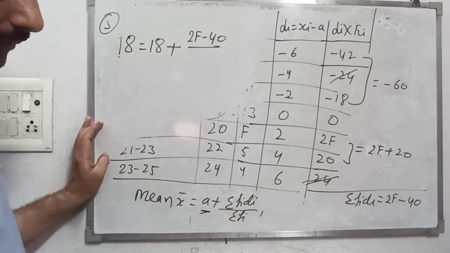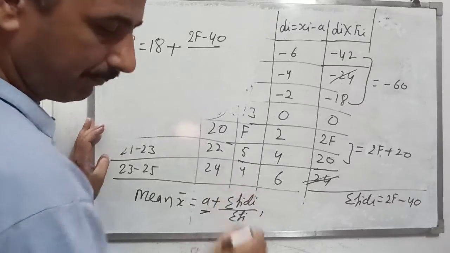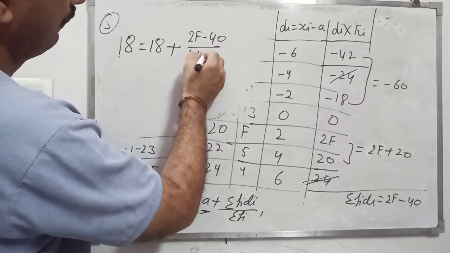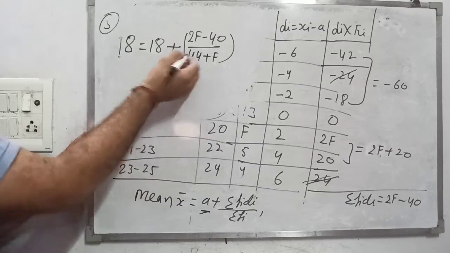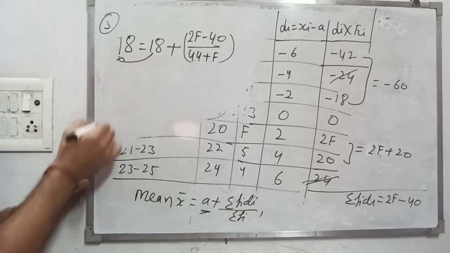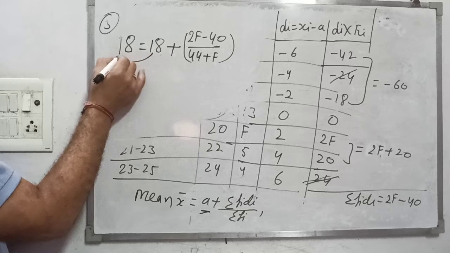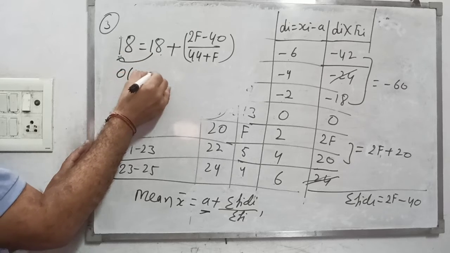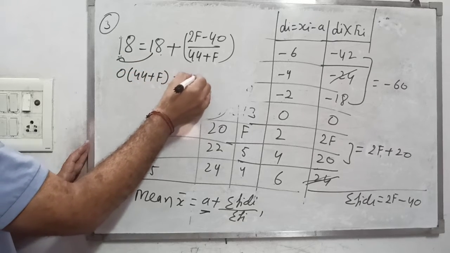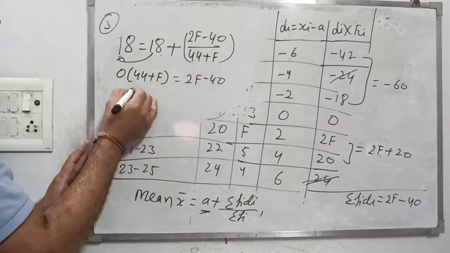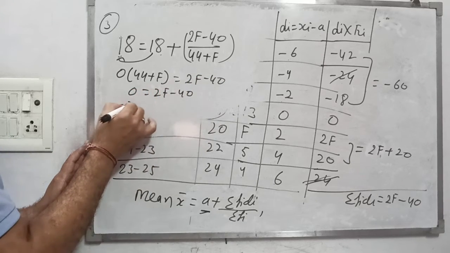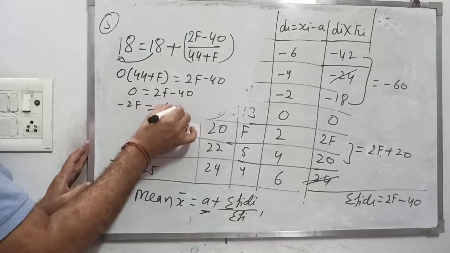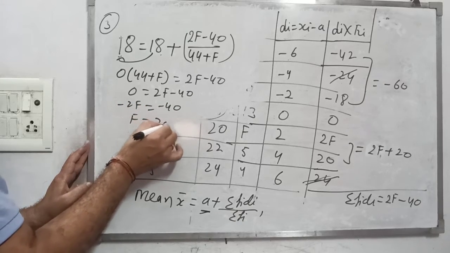The summation of fi is 44 plus f, right? So when we shift 18 to this side, it becomes 18 minus 18 equals 0, so 0 equals (2f minus 40) divided by 44 plus f. So 0 equals 2f minus 40, so 2f equals 40. So f equals 20.